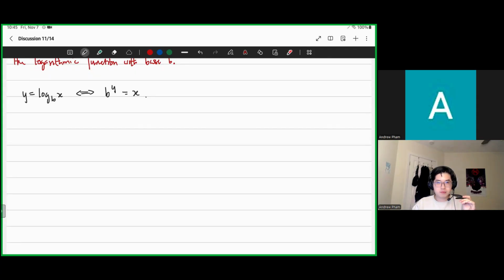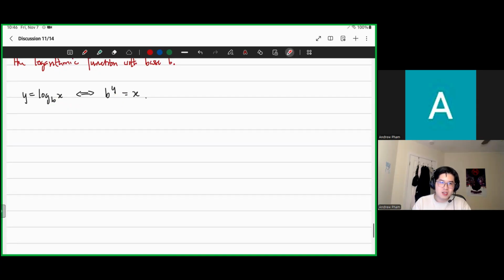So what am I really saying? If I want to evaluate a logarithm of some number, I am simply asking myself, what is the appropriate number to raise the log base to that gives me x? What number y do I raise my base b to, to give me the inside of the logarithm?